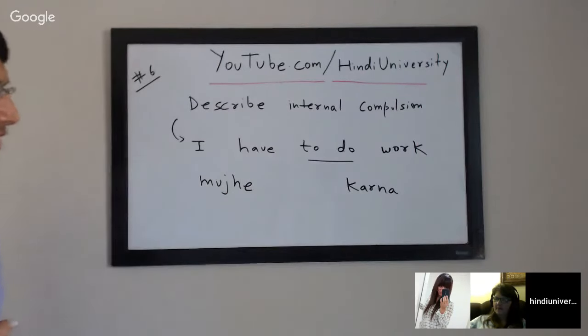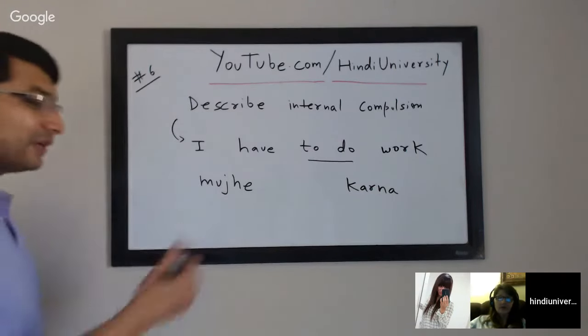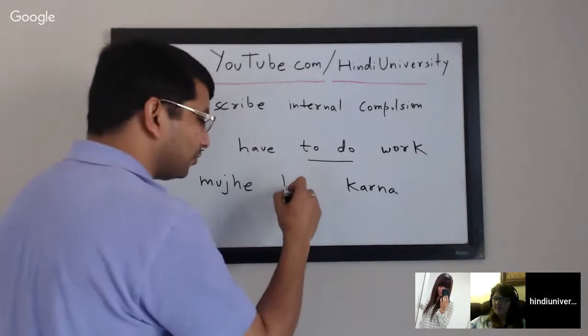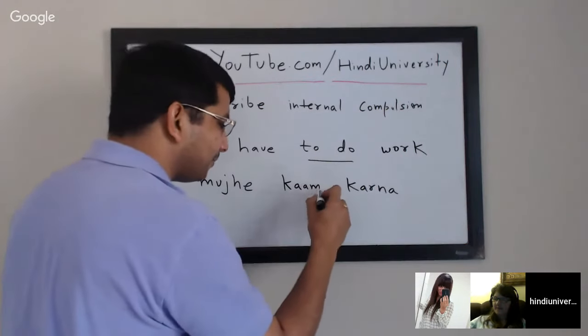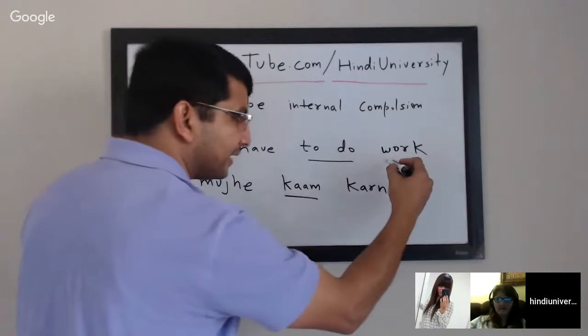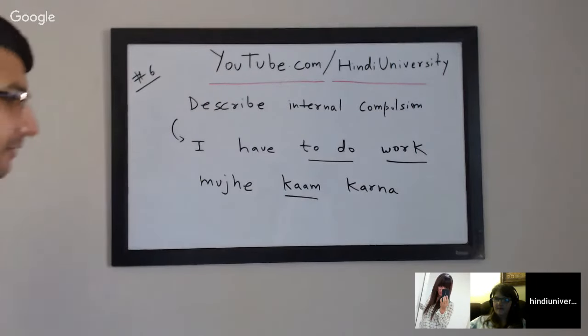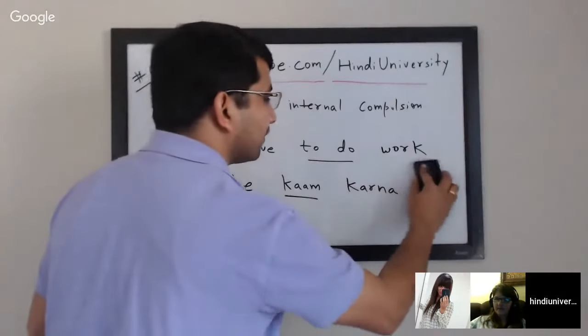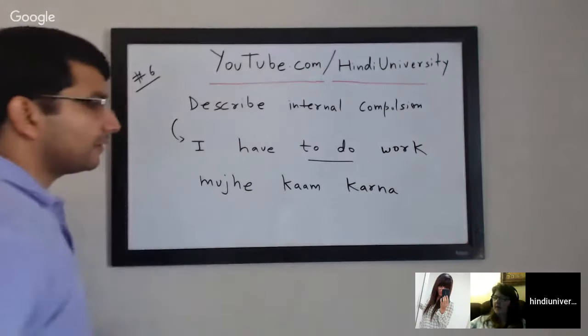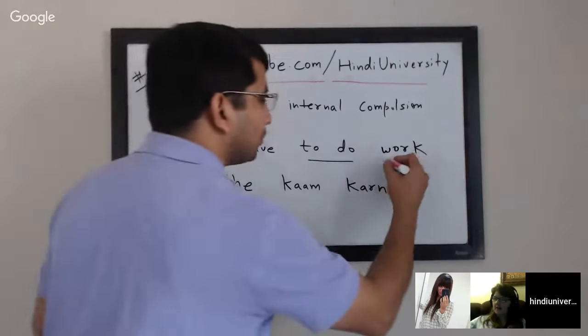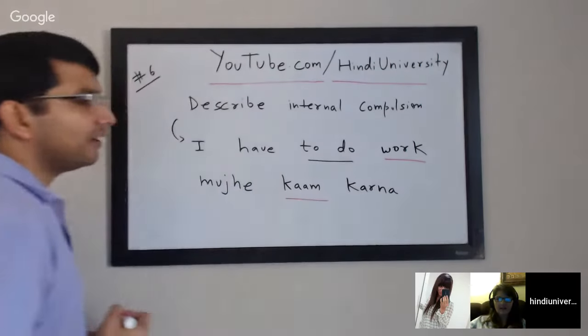Now, what's the object? Is the work. Okay. मुझको काम, and काम you looked at it as a work, right? Now, how do you end it? मुझको काम करना.